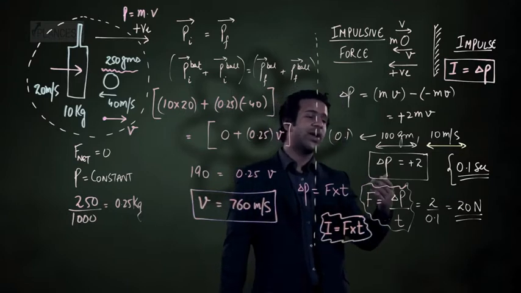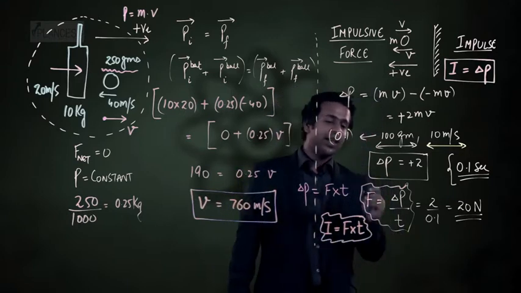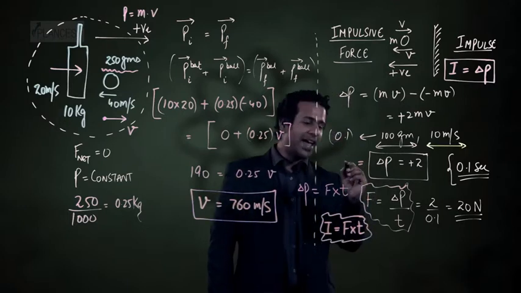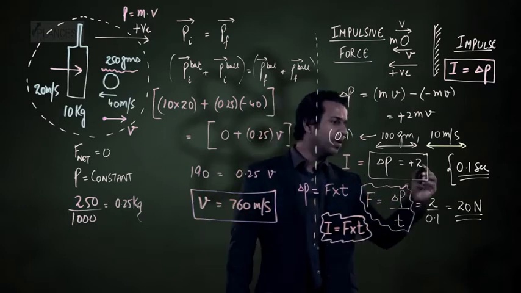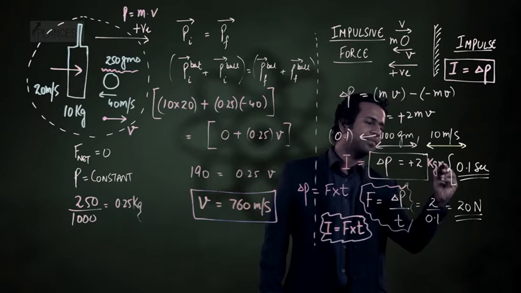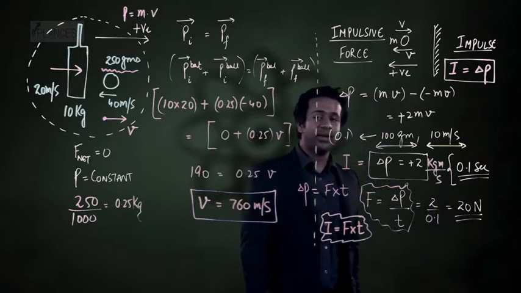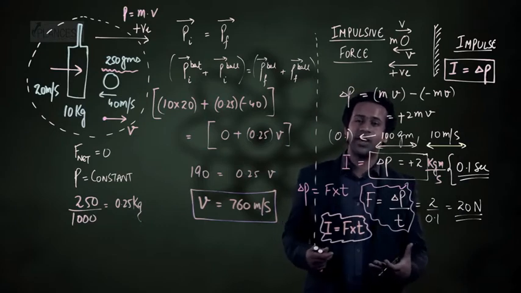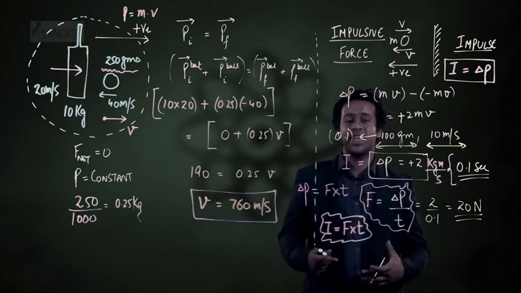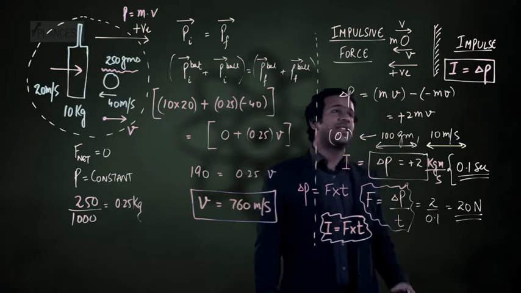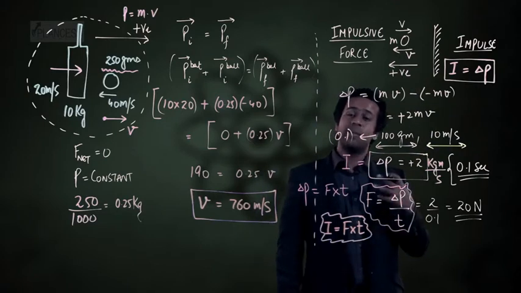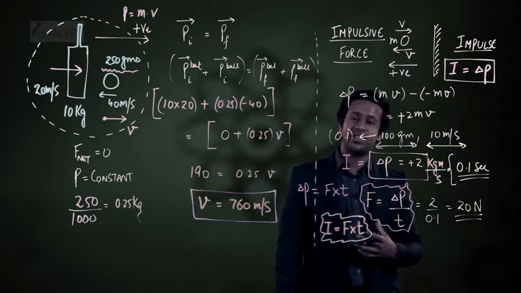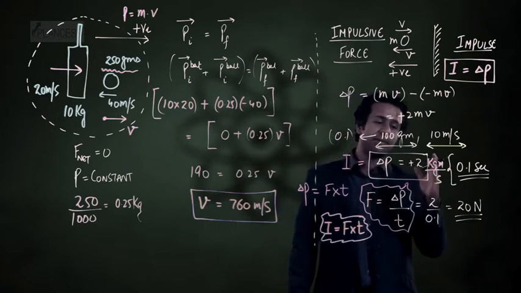Like in the case we had discussed, we could say that the wall applied an impulse of 2 kg meter per second. Right? Because if impulse is change in momentum, it will have the same units as momentum, which is kg meter per second. So in the case we had taken, we measured that the momentum changed by 2 kg meter per second.